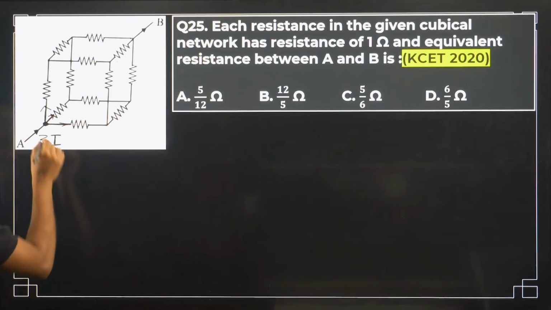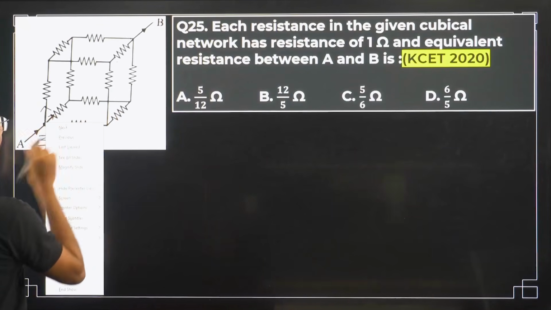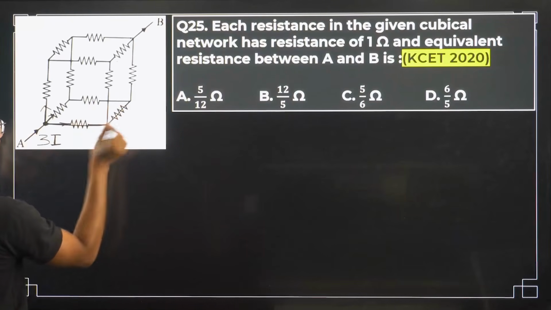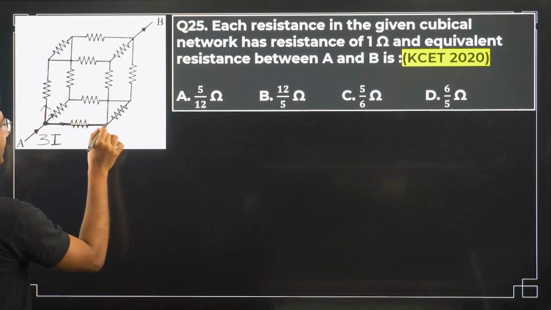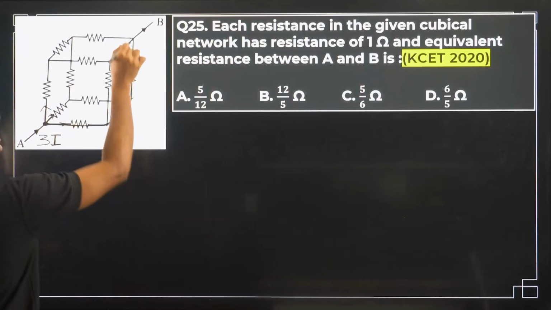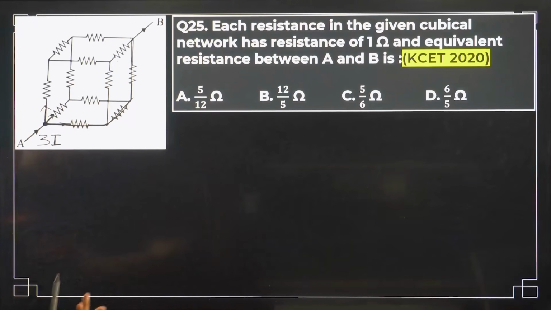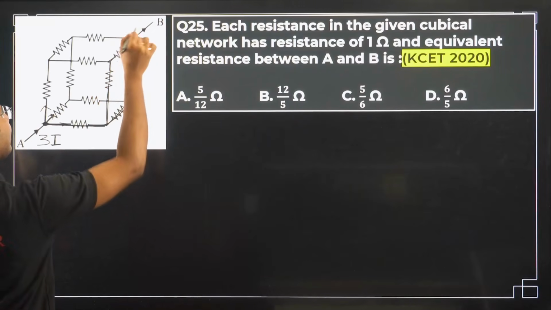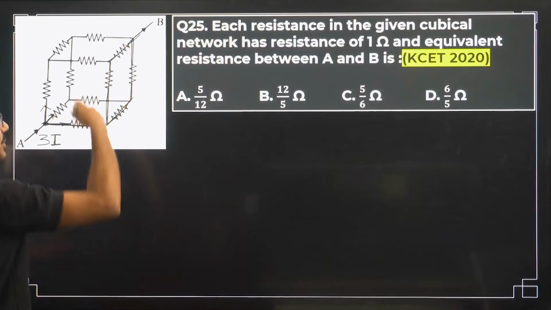The smallest possible resistive path means you start from here and go here. How many resistances do you encounter? 1 resistance, 2 resistances, 3 resistances. Then 3 are here: 1, 2, again 3 resistances. This is the minimum possible path.